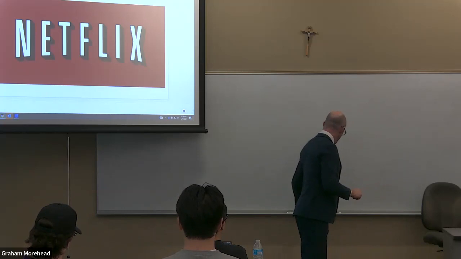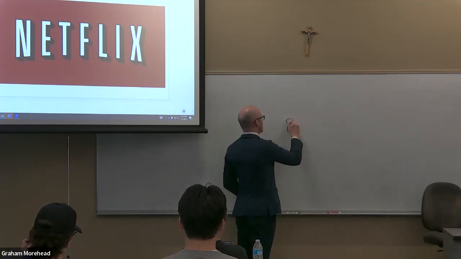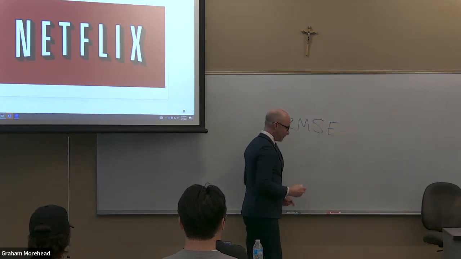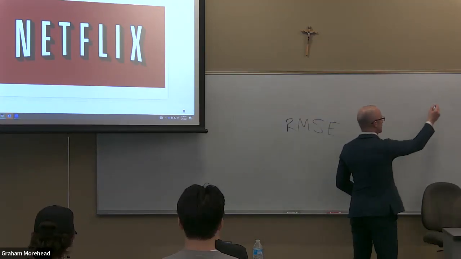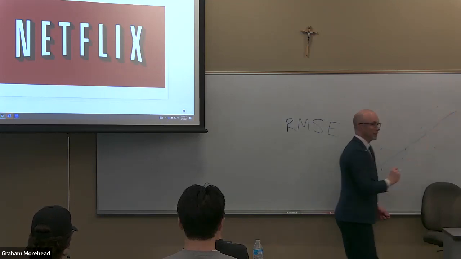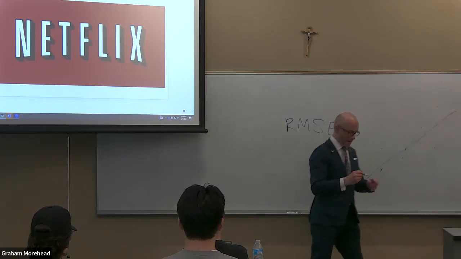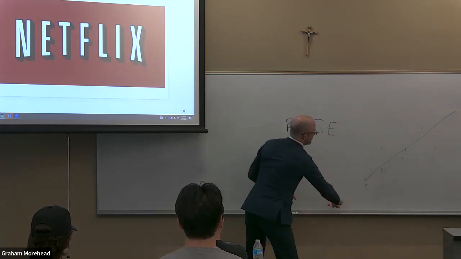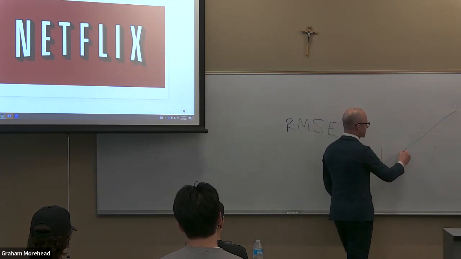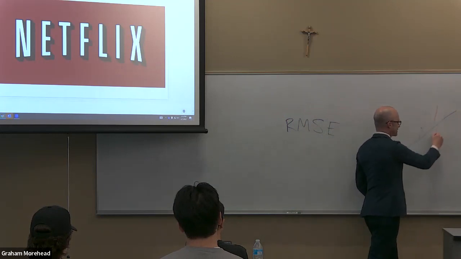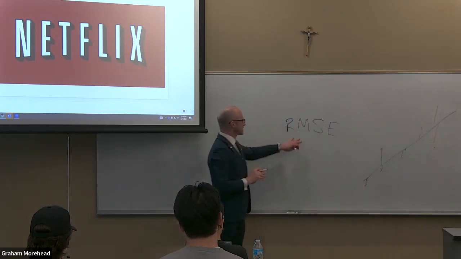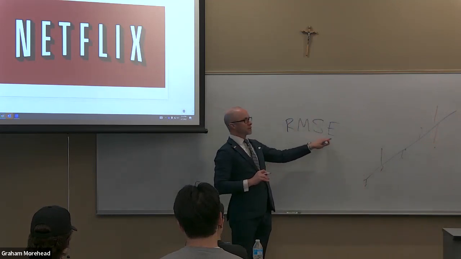But better was defined by root mean square error. If you remember, we talked a little bit about linear models and how what people try to minimize is the sum of the squares of these numbers, right? This is kind of like that, mean squared error.